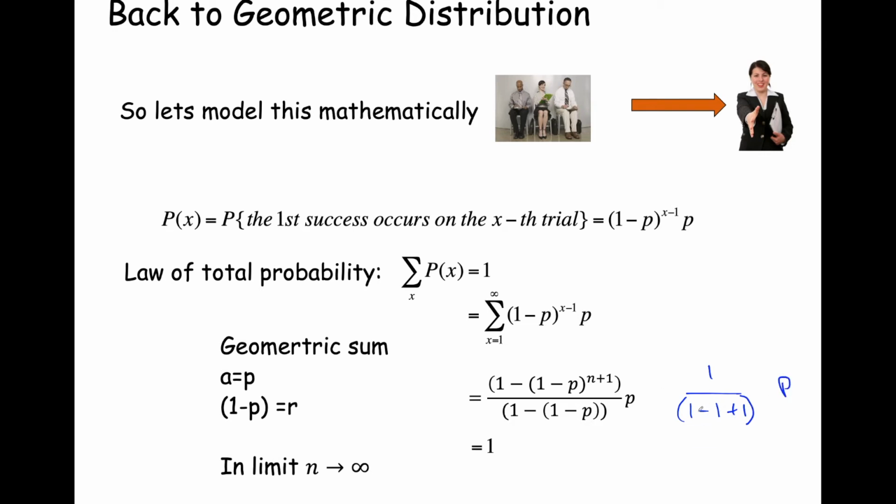Well, 1 minus 1 is 0. That's 1 over 1 times p. That's just p over p. All right, so this denominator is 1 minus 1, that's 0. That's plus p.